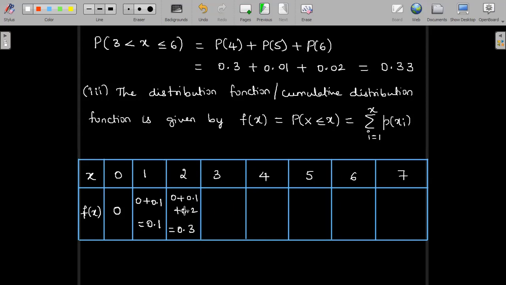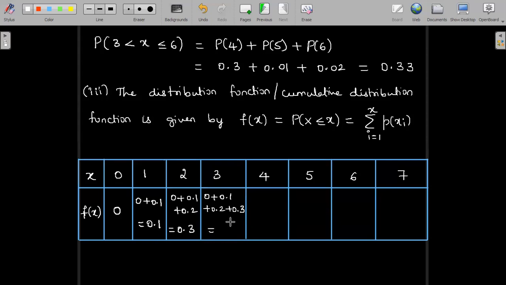And similarly, for the next column, when you sum it up, it is 0 plus 0.1 plus 0.2 plus the previous value, which we just obtained, 0.3.